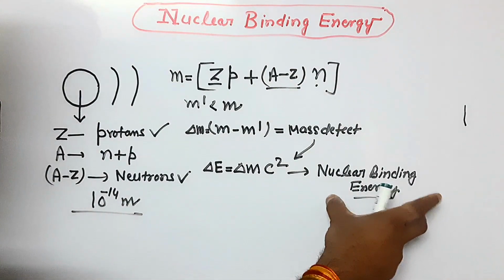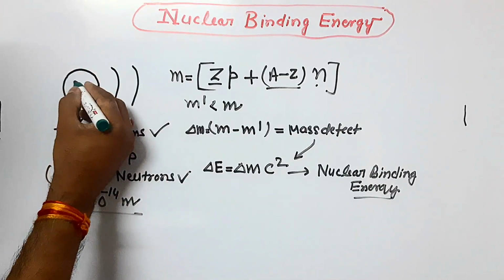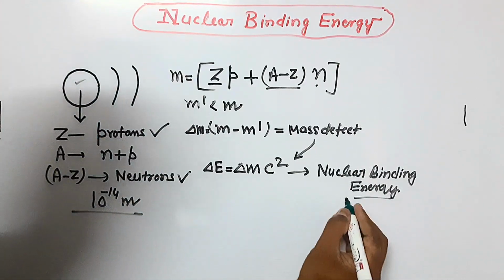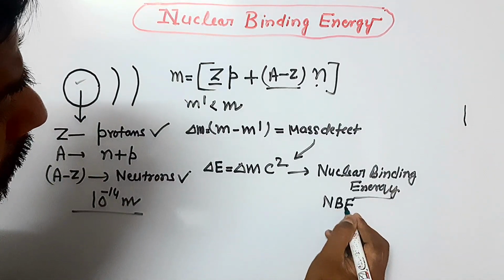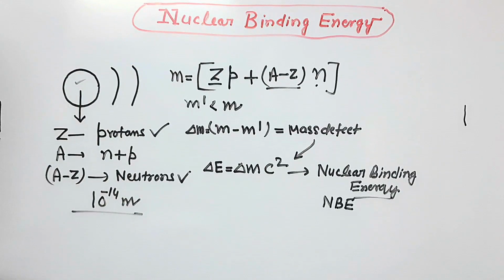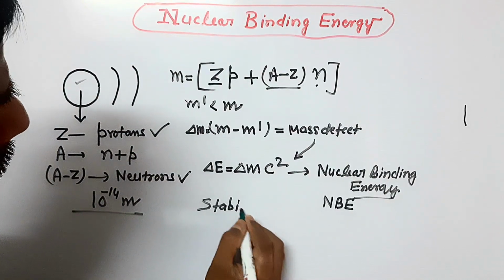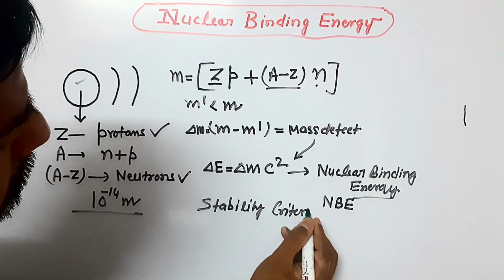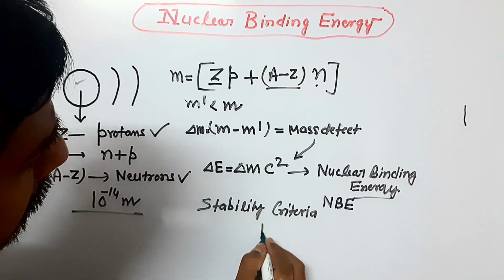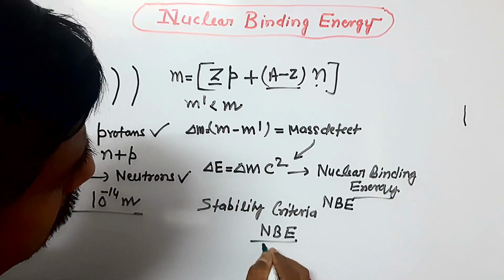Nuclear binding energy is not the criterion for stability. The criterion for stability of the nucleus is NBE per nucleon.